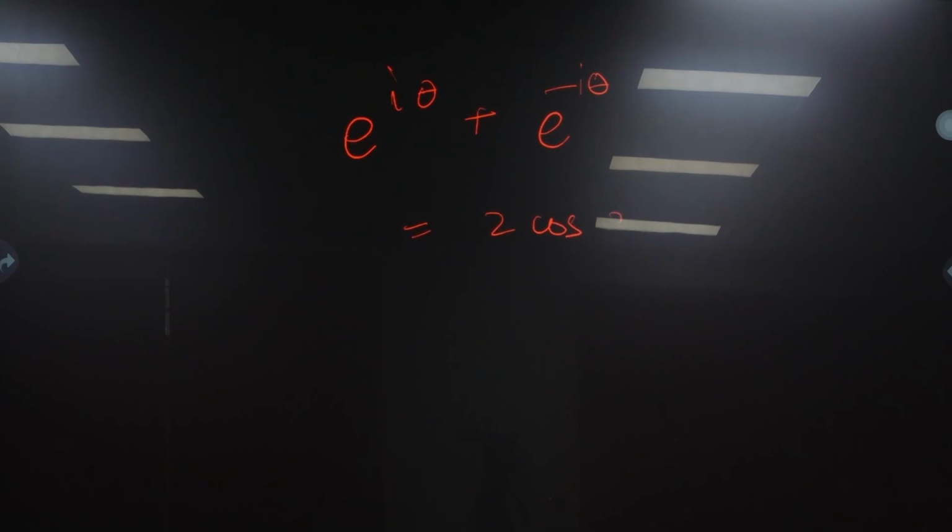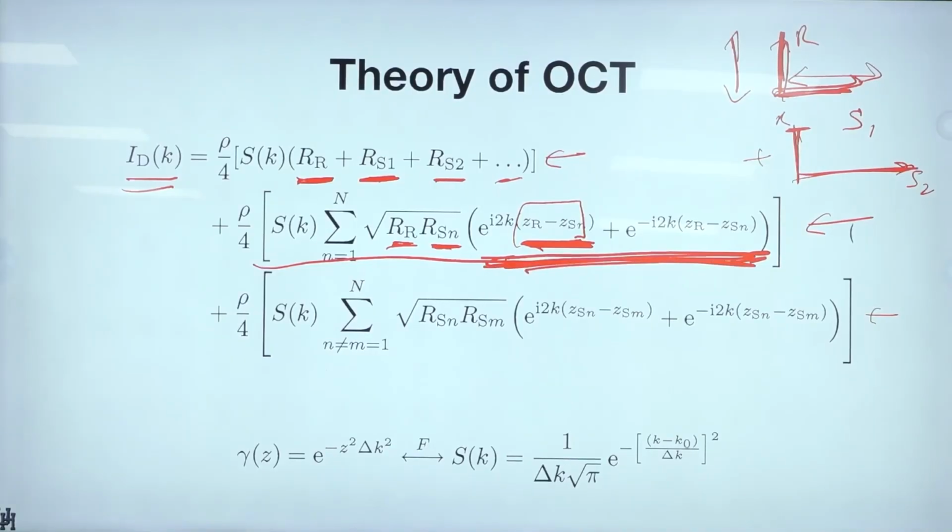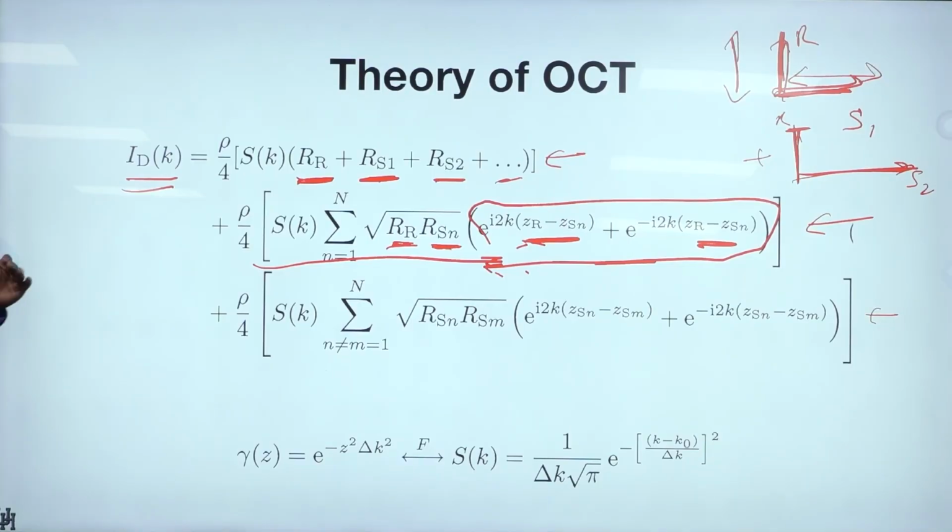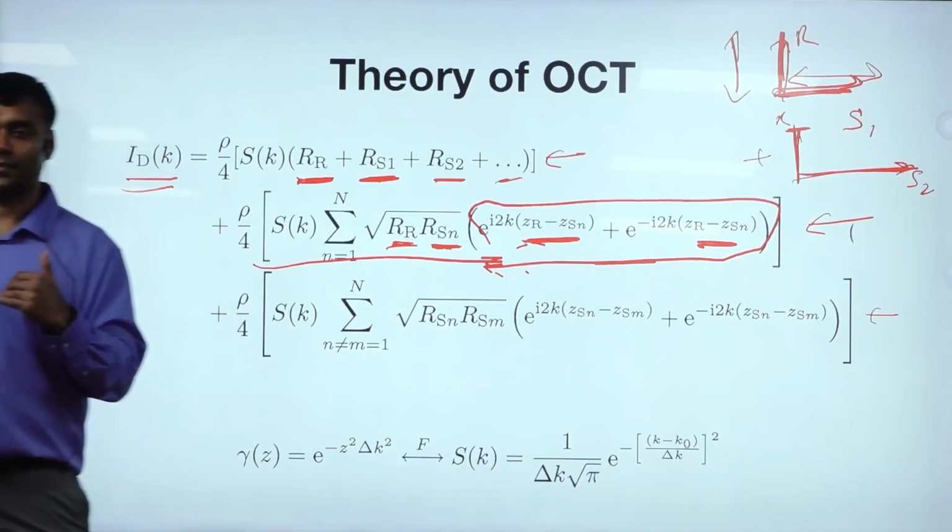Euler's identity, right? So you can see that this is essentially a cosine term, which depends on the difference in distance between the reference arm and the sample layer.